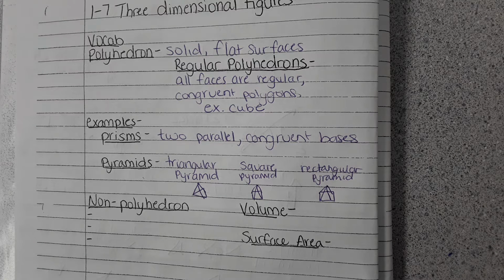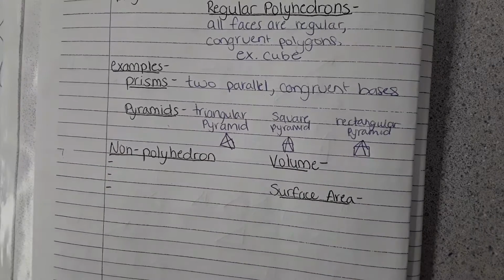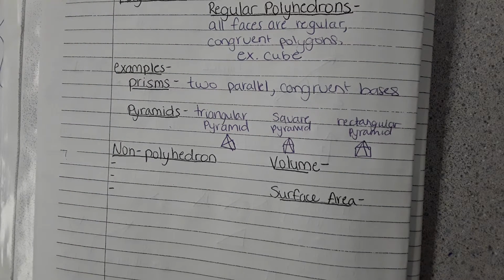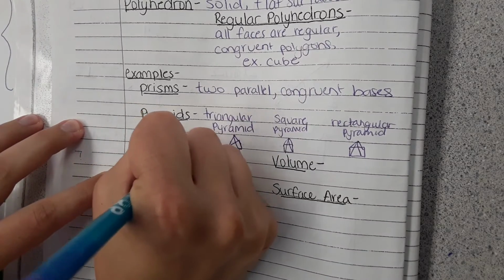Some examples that aren't polyhedron would be anything with curved surfaces or edges. Is that everyone? Yes. I'm sure there's maybe a few coming in. Thank you. Thanks. Okay, so one example would be a cylinder.